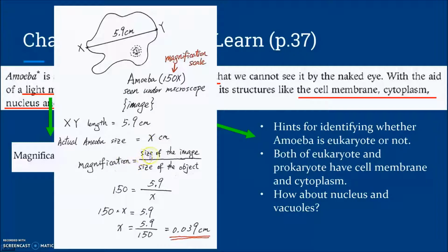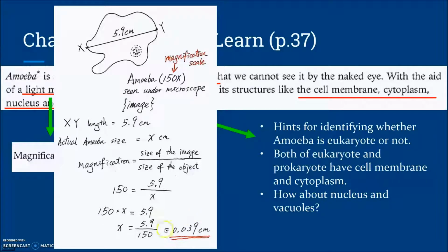Magnification is equal to size of the image over size of the object, and then 150 is equal to 5.9 over x, and after the calculation you will get 0.039 centimeter.